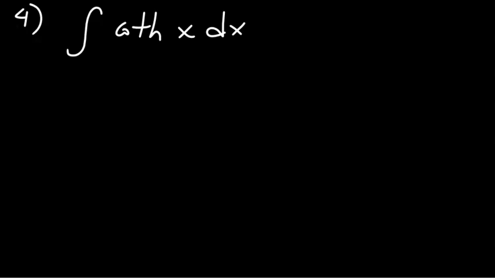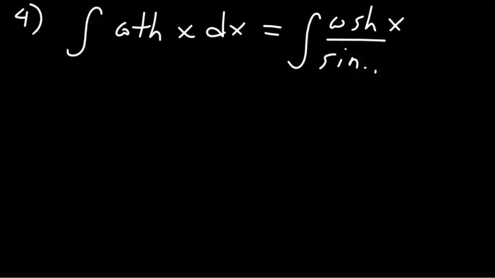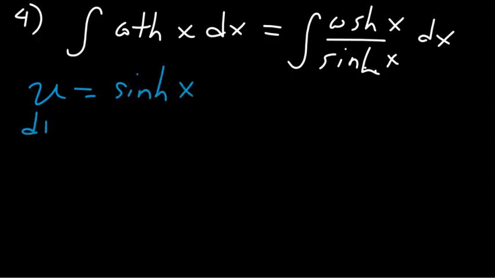What about this integral of hyperbolic cotangent of x? Again, cotangent of x is hyperbolic cosine of x over hyperbolic sine of x dx. So in this case, we can use a similar substitution. Now let's substitute u to be the hyperbolic sine of x. So du is hyperbolic cosine of x dx.